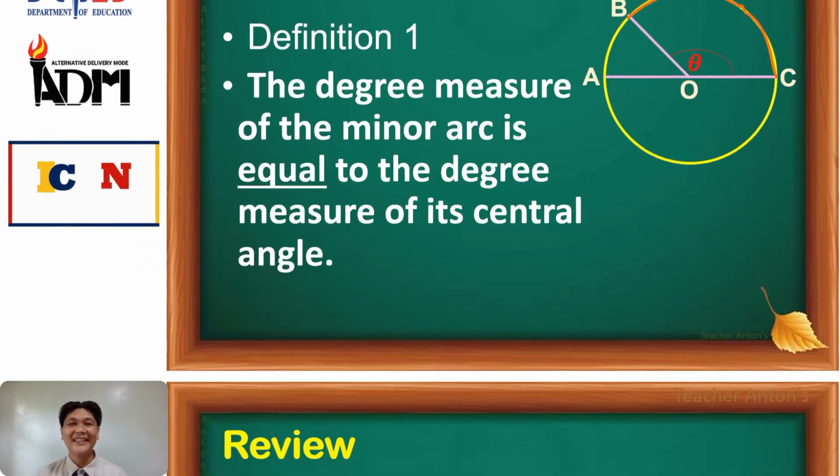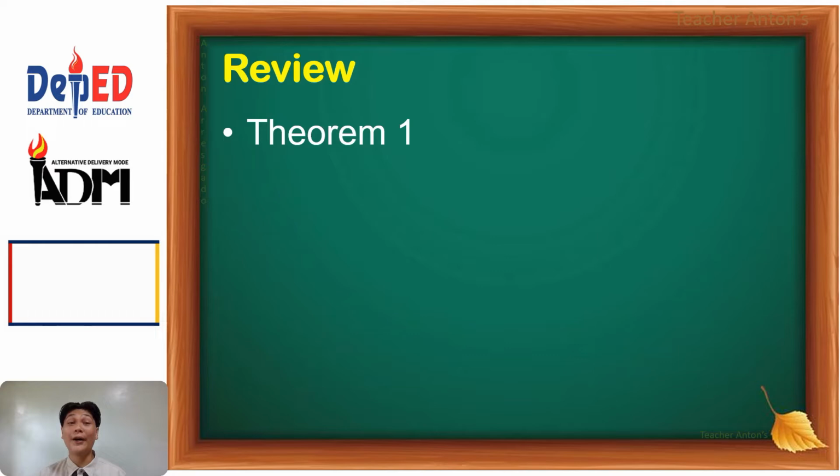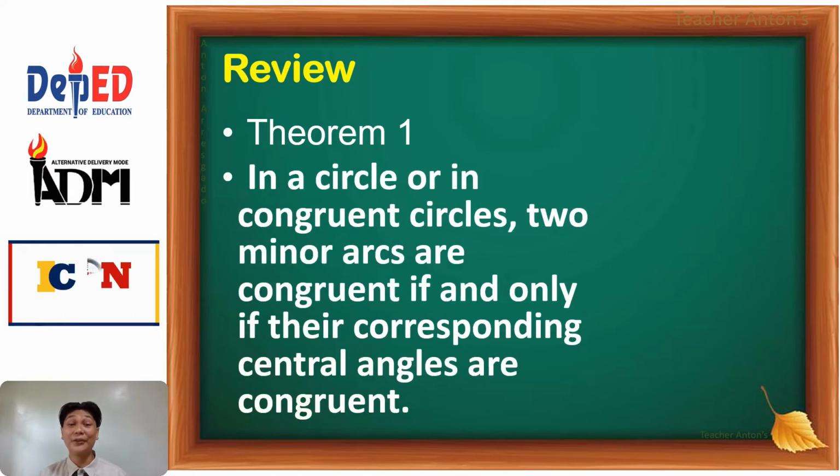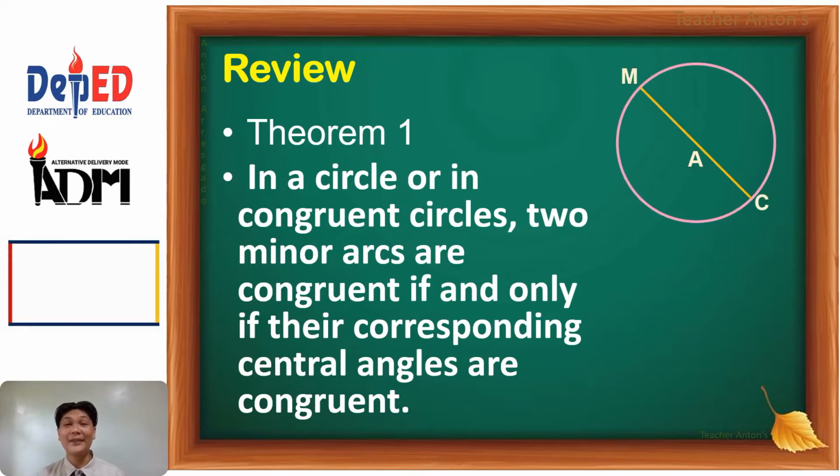Get it? Another review, Theorem 1. In a circle or in congruent circles, two minor arcs are congruent if and only if their corresponding central angles are congruent. Look at this circle A with diameter MC and diameter HP. The central angle PAC has a measure of theta 1.